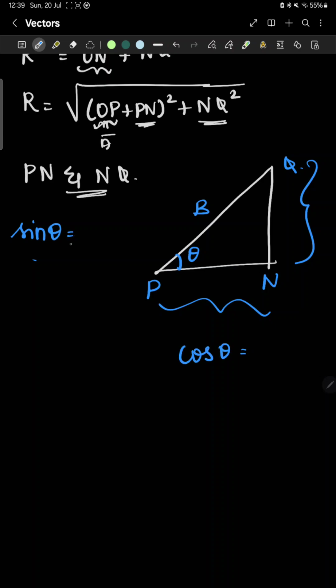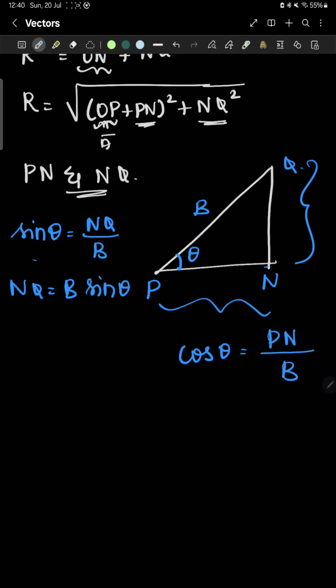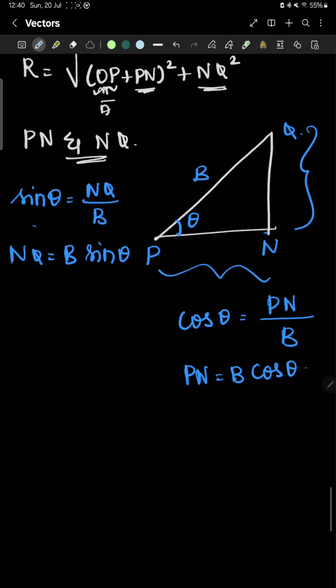Sine theta is opposite side by hypotenuse. The opposite side is NQ divided by B, that means PQ. So I can write NQ as B sine theta, and similarly cos theta is adjacent side divided by hypotenuse, so it will be PN divided by B. So PN can be written as B cos theta. Now I found NQ as well as PN.